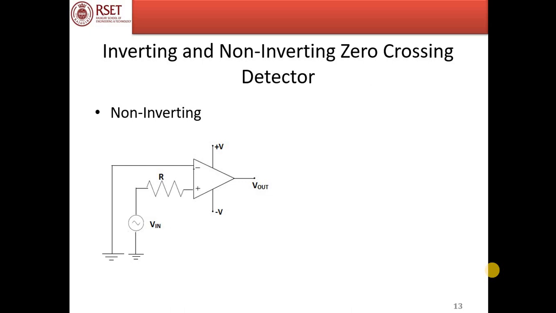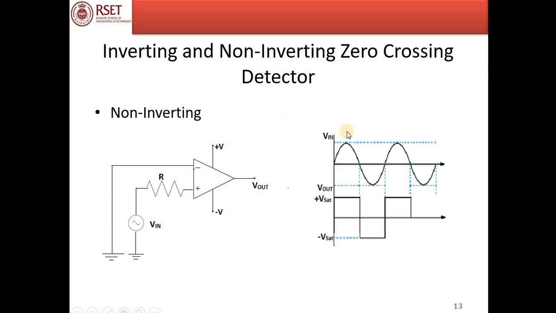Let us see the case of a non-inverting zero crossing detector. Here, the input signal V in is applied to the non-inverting terminal of the op-amp, and V reference, which is 0 volt, is provided to the inverting terminal. This is the input signal, and there is no reference voltage.